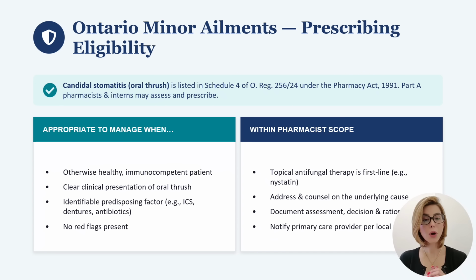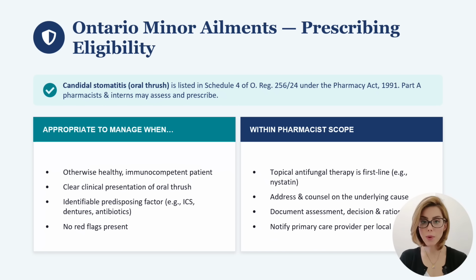Now, the part you've been waiting for, your prescribing authority. Candidal Stomatitis is listed in Schedule 4 of the Ontario regulation under the Pharmacy Act. That means Part A pharmacists and interns can assess and prescribe for it directly. When is it appropriate for you to manage?